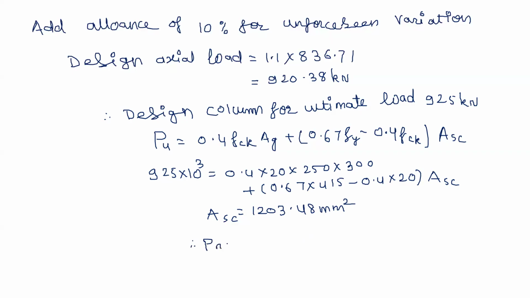So we will provide 6 bars. Therefore, provide 6 bars of 16 mm Tor. And then we have to go for lateral ties or stirrups. Lateral ties diameter.